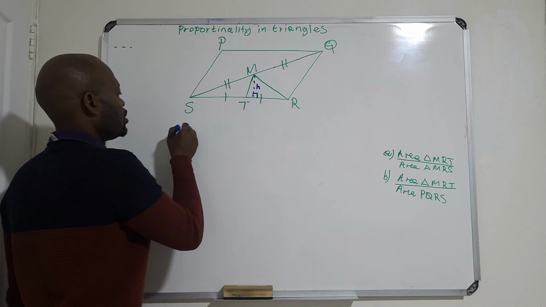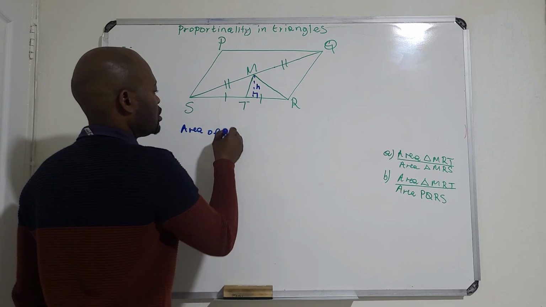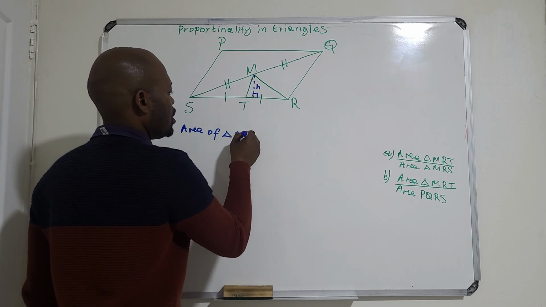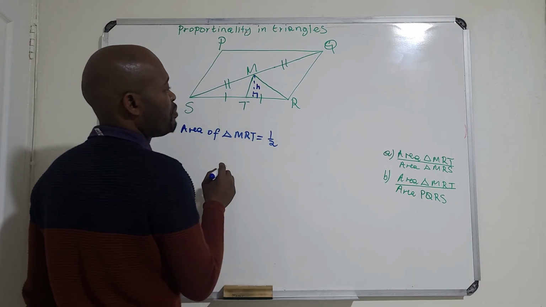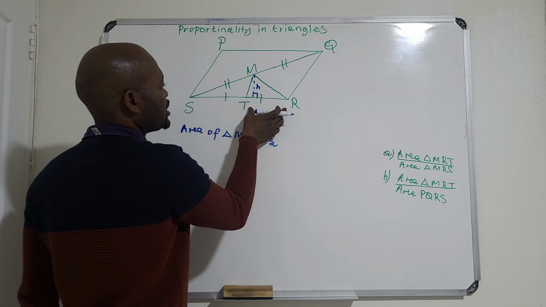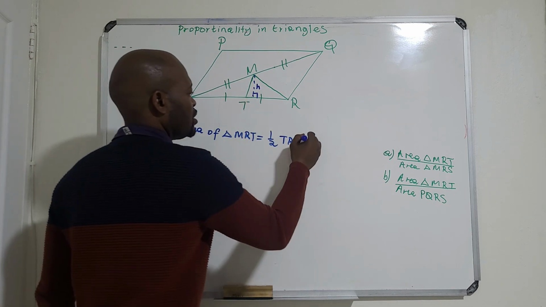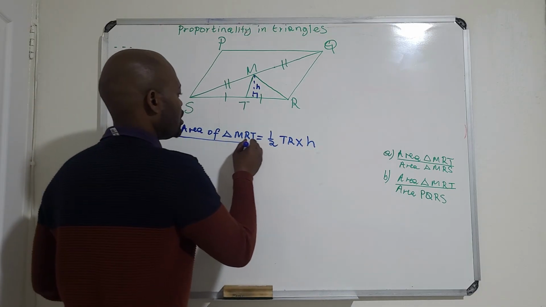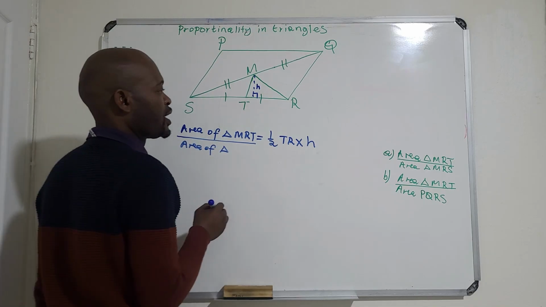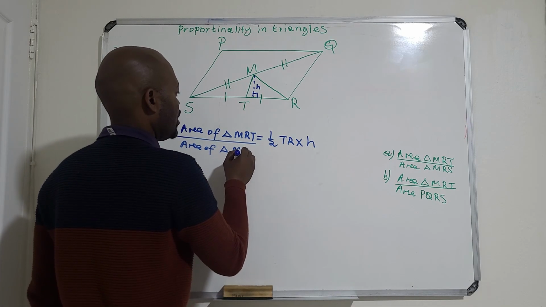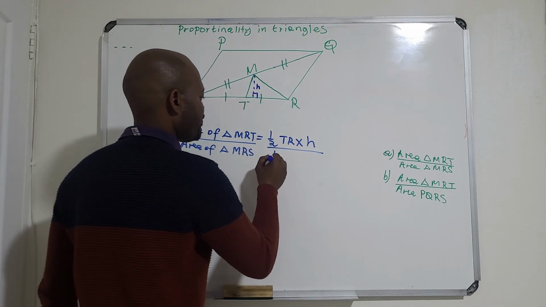Therefore, area of triangle MRT is equal to half, our base for MRT is TR, times our height, which is that, over the area of triangle MRS, which is over half.